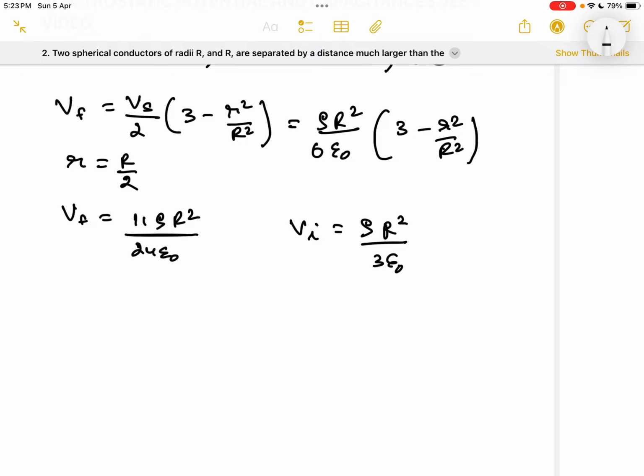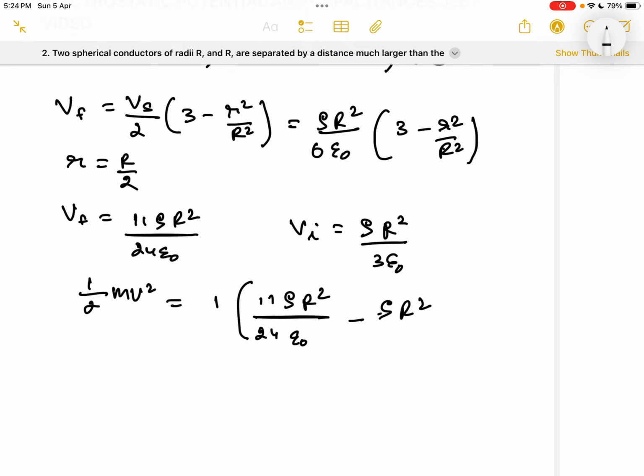Going further, now we can calculate the kinetic energy. The kinetic energy half mv square that is to be supplied would be equal to, Q is anyway 1 microcoulomb, and the final potential 11 rho R square divided by 24 epsilon naught minus rho R square divided by 3 epsilon naught, giving you rho R square divided by 8 epsilon naught.